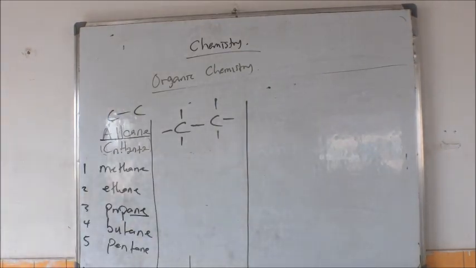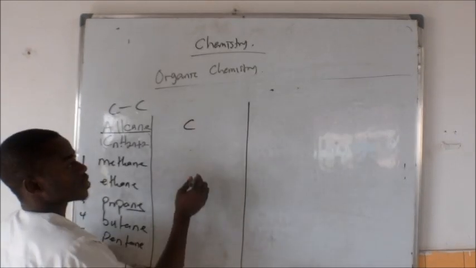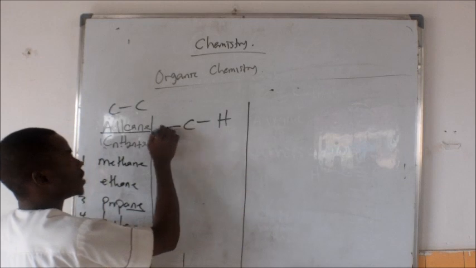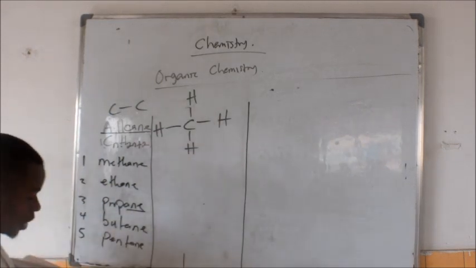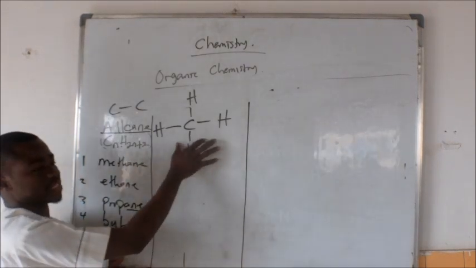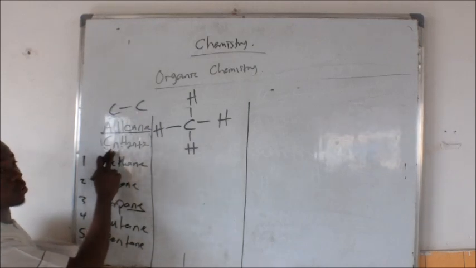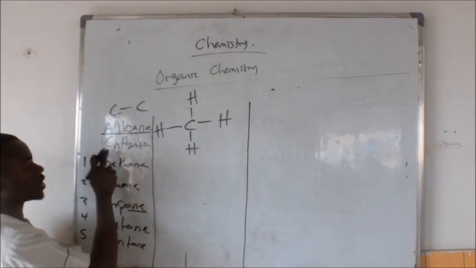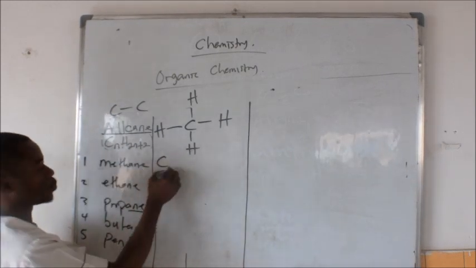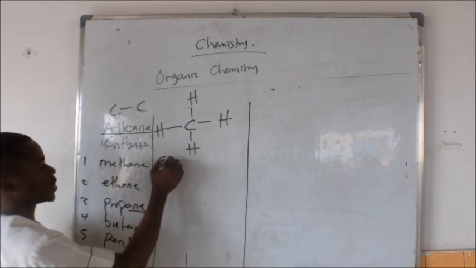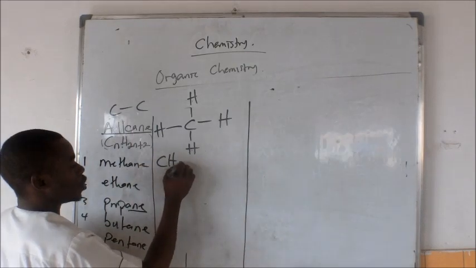In the case of methane, you have carbon being surrounded by hydrogen, hydrogen, hydrogen, and hydrogen. The molecular formula of methane comes from this formula: n equals 1, so CH with 2 times 1, 2, plus 2, 4. You have CH4.